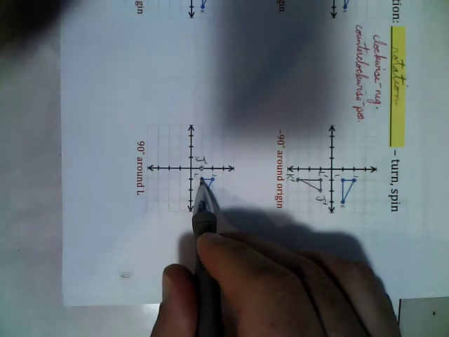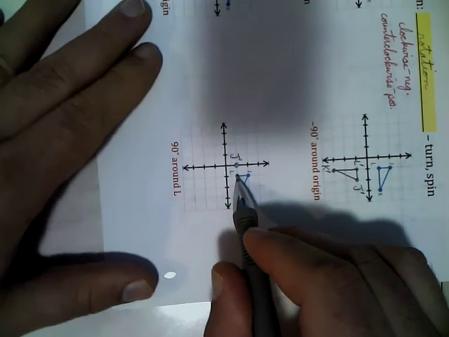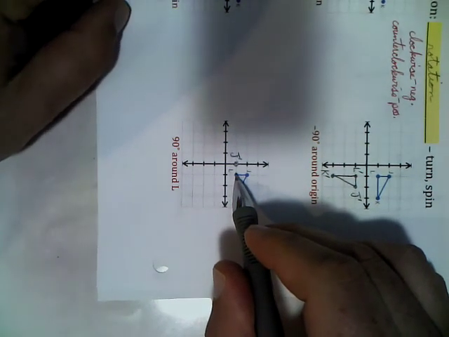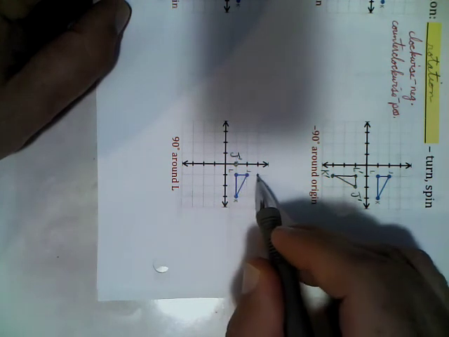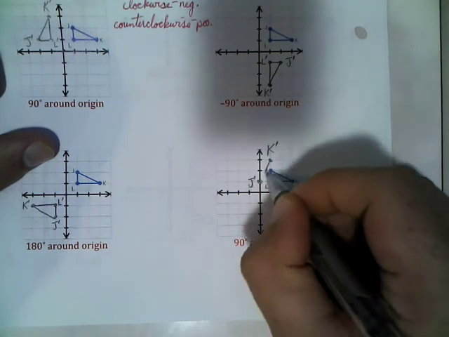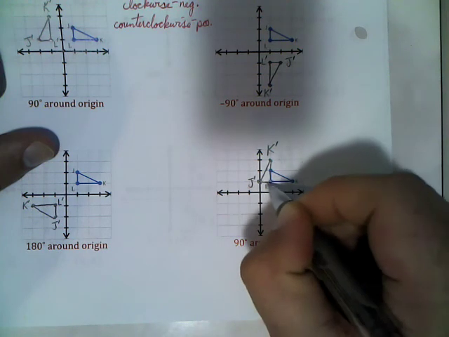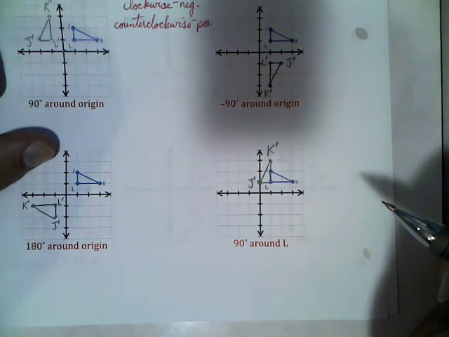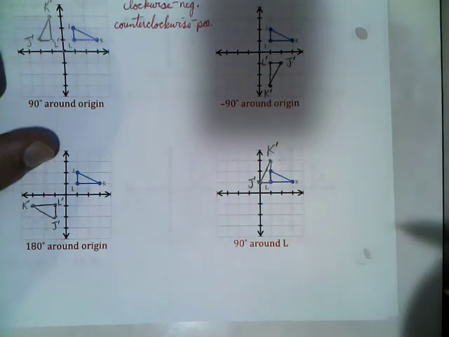So when I rotate it, I'm going to rotate a little more, then I go 1, 2 to the right. That's going to be my K prime. Oop, not L, K. And so I can connect my dots. And so that would be rotating 90 degrees around L.